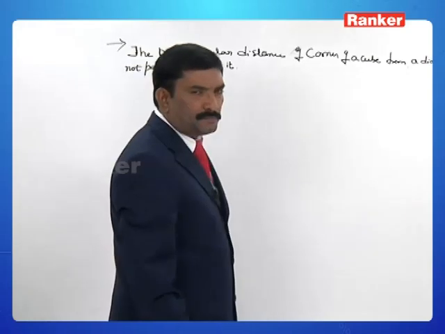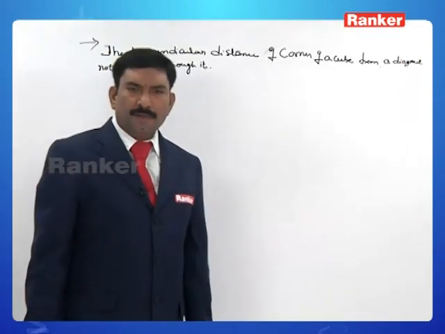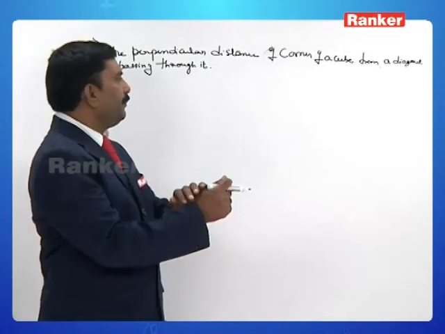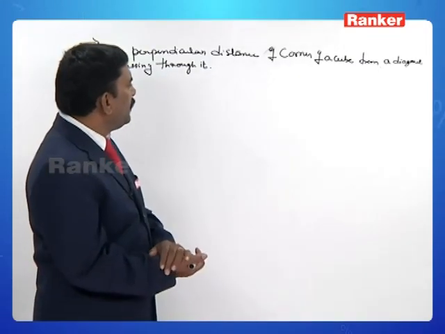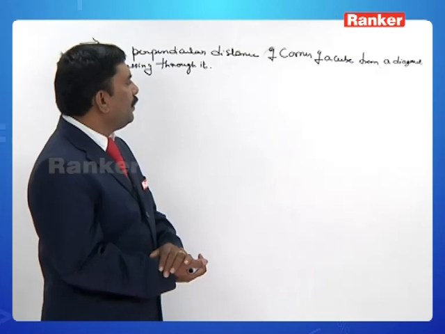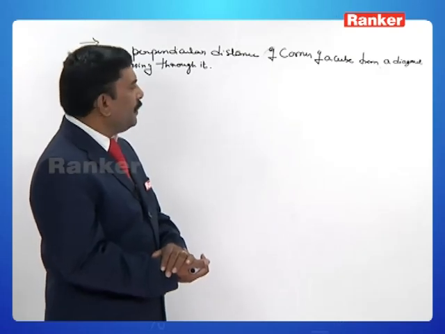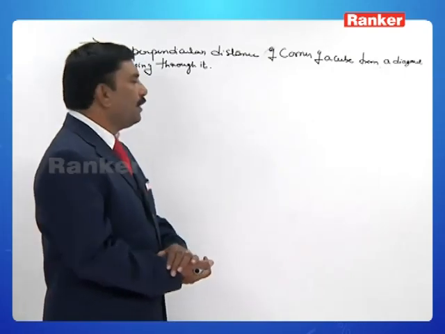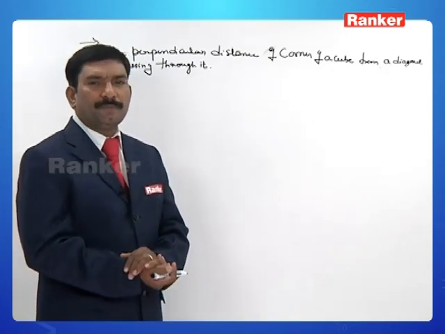Look here. Is this a question or a concept-oriented application? The perpendicular distance of a corner of a cube from a diagonal not passing through it.